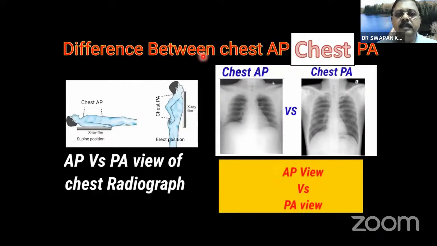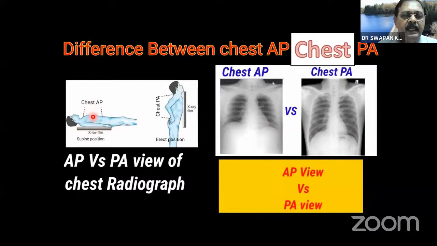So what is the difference between the AP view and the chest PA view? It will be required for the PGs. Look, any child that is in a PICU or the NICU lies in a supine position. So the X-ray will be coming from above, and a cassette or X-ray plate will be put just below him.